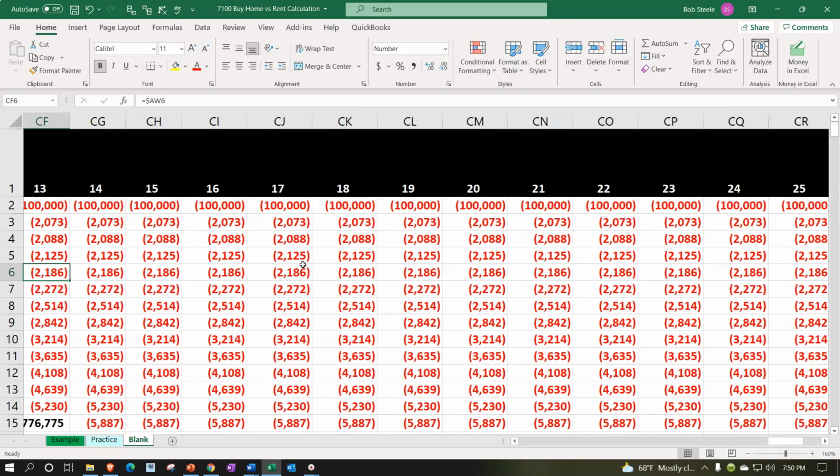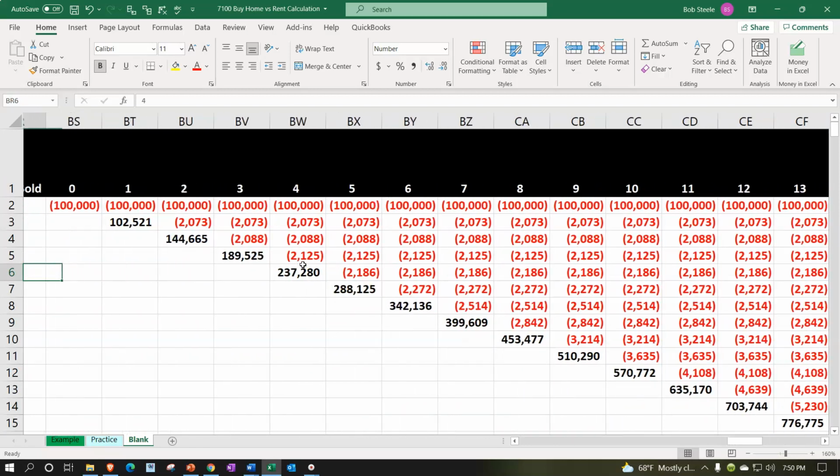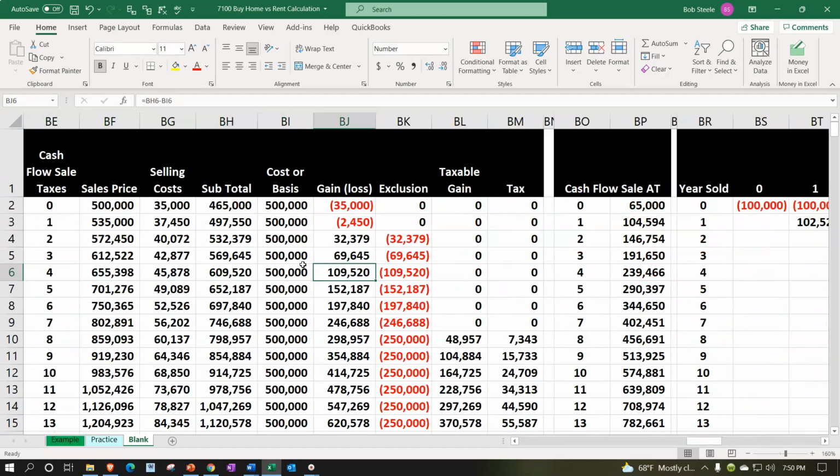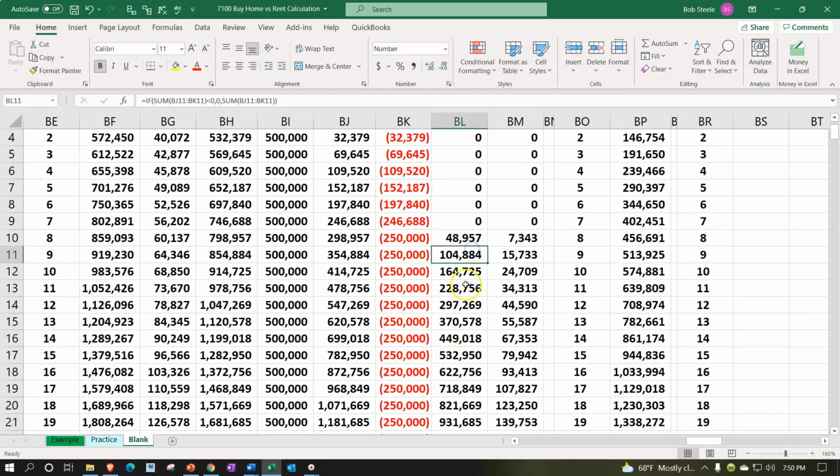If we go over here, for example, we're going to say that we had the increase in the sales, but now we've got these capital gains that are kicking in right here.